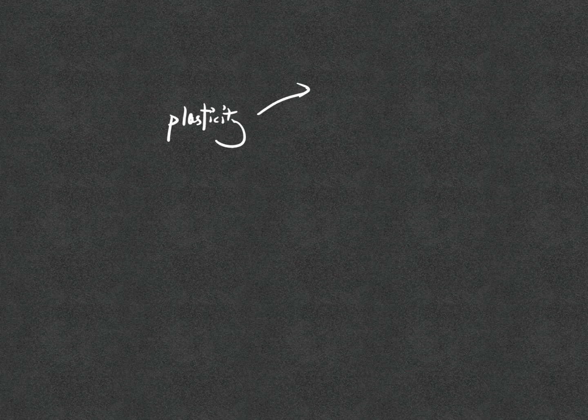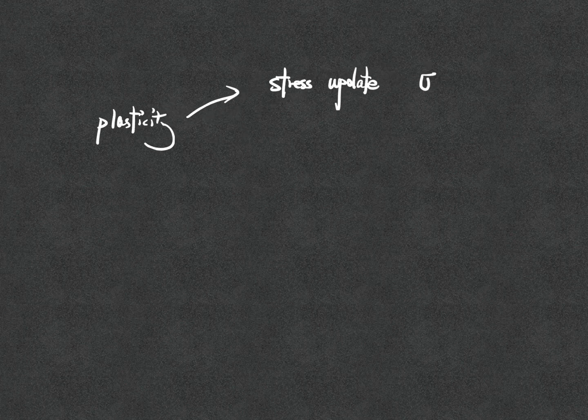Okay, I need to have elastic corrections, right? I need to have the stress update. What is the stress update? It is actually the stress at n plus 1 equal to the trial stress at n plus 1 minus the corrections. Right? Okay. So this is one ingredient.